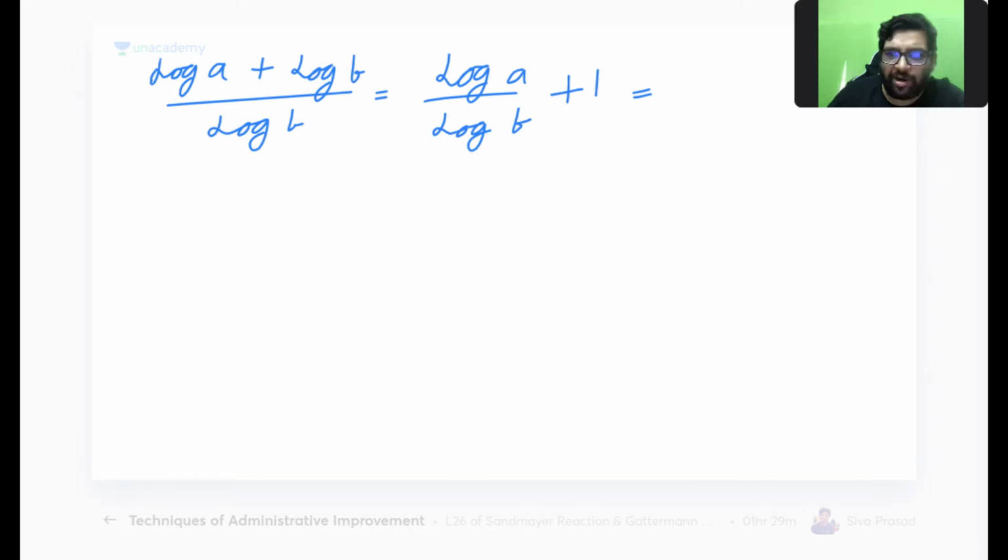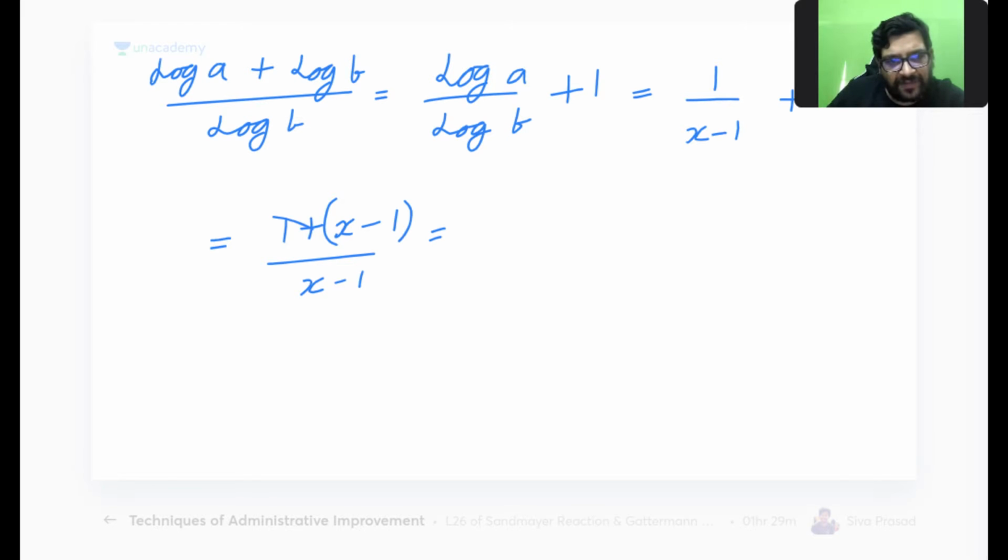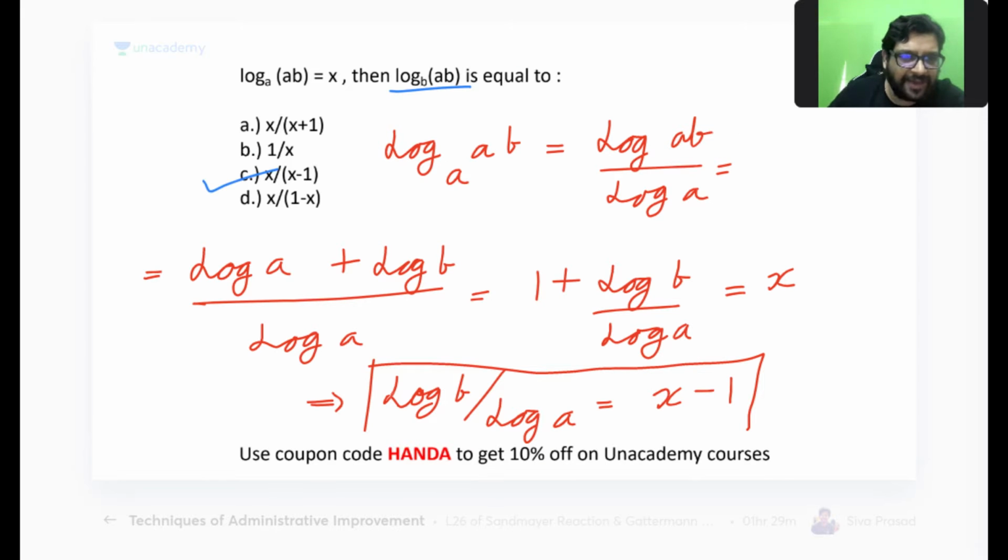So what will be log A by log B? The reciprocal of that, or 1 by X minus 1 plus 1, which is 1 plus X minus 1 by X minus 1, which is X by X minus 1. That is given to me as option C. Are you guys okay with this? Devraj got the answer fairly quickly. Good job, Devraj.